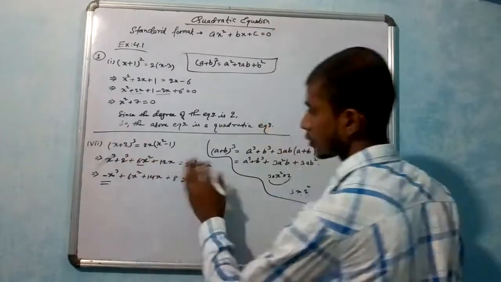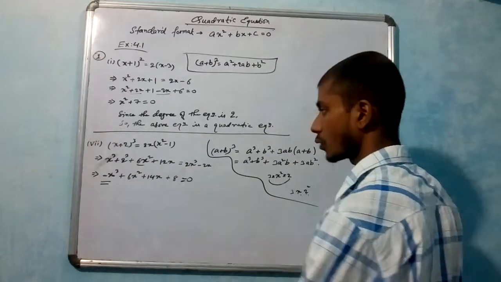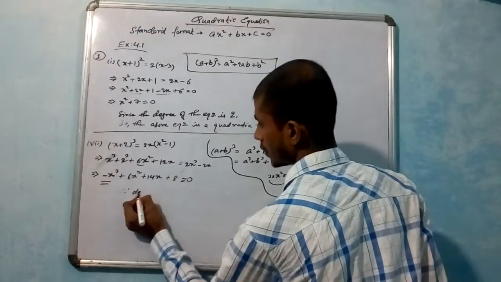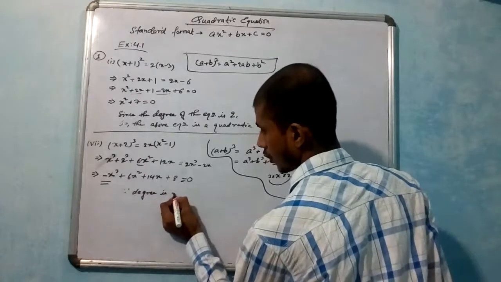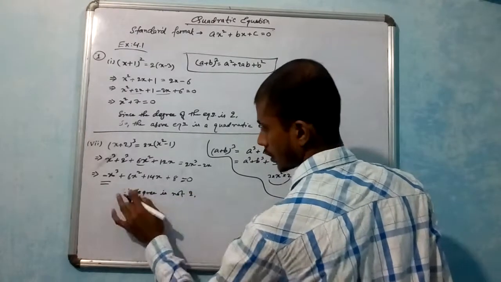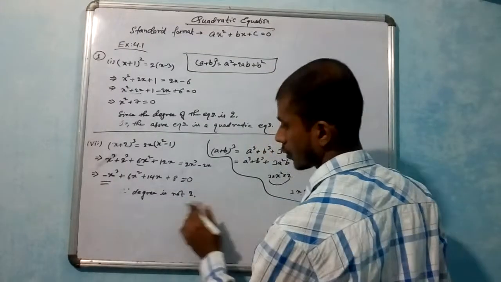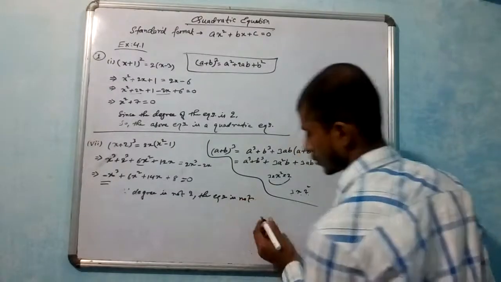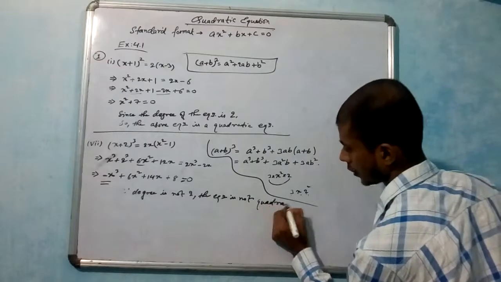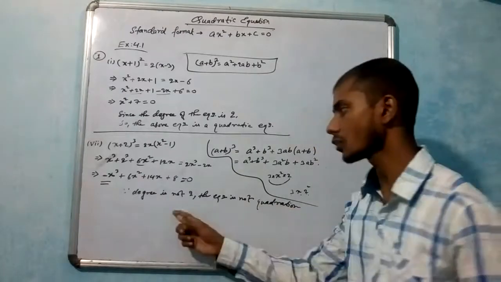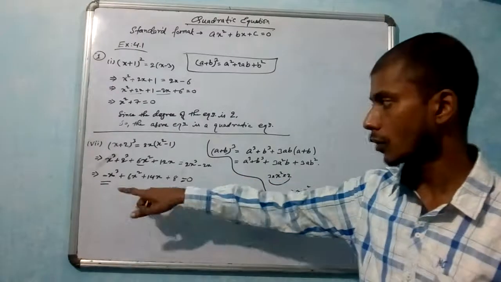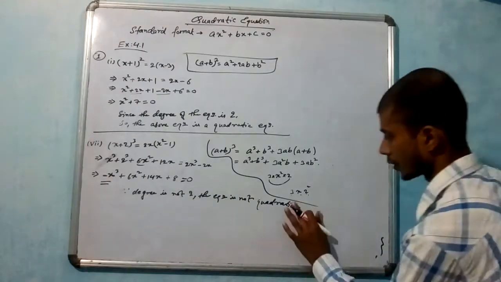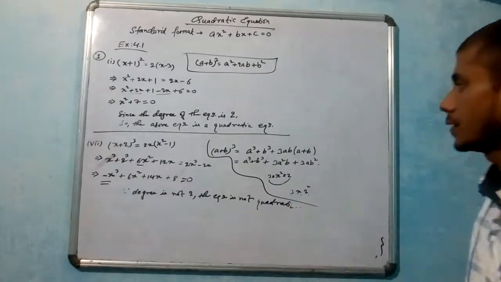The question is not asking what type of equation it is, it is asking whether it is quadratic or not. So we will write: since the degree is not 2, the equation is not quadratic. We will not bother about cubic or biquadratic. Fine, done.